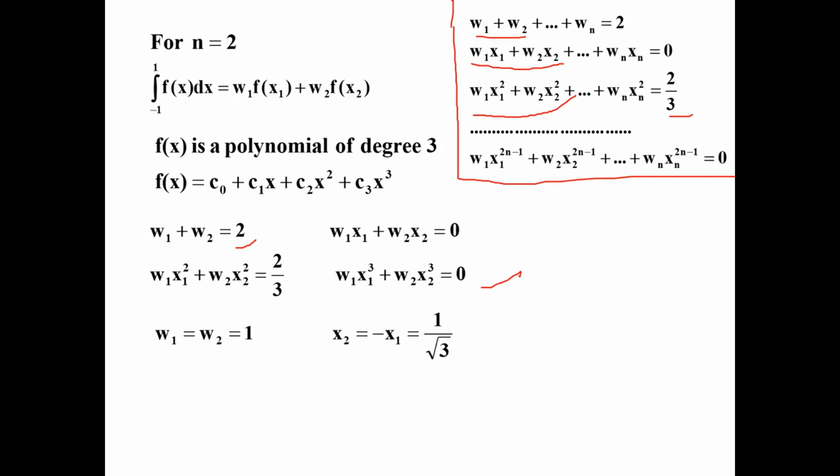So we take W1 is equal to W2 is equal to 1, and when we put it into here or here, it will be possible W1 is equal to W2. When we put here, then this becomes x1 plus x2 is equal to 0, which gives x2 is equal to minus x1 or x1 is equal to minus x2. So from this expression we get this term.